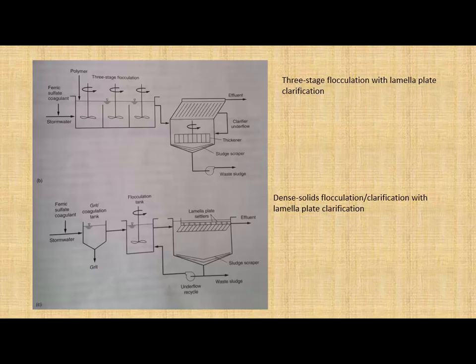And you can see there is a clarifier underflow. The flow enters this zone, and after this part, it is recycled to the zone again to enhance the speed of the thickener.